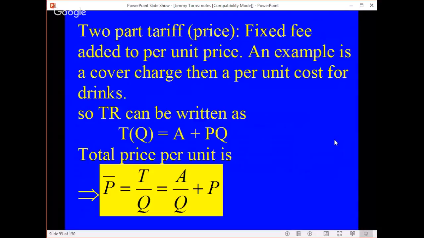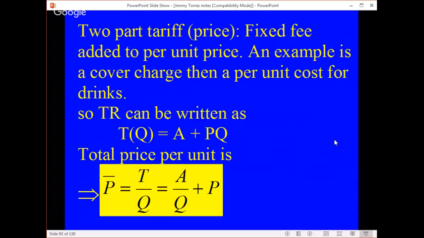If you want to do other things, buy a drink at the country club, whatever it is, you have to pay for that. The fee just gets you into the country club. Nightclubs, the cover charge: yes, you pay the cover charge, but you still have to pay for your drinks inside.